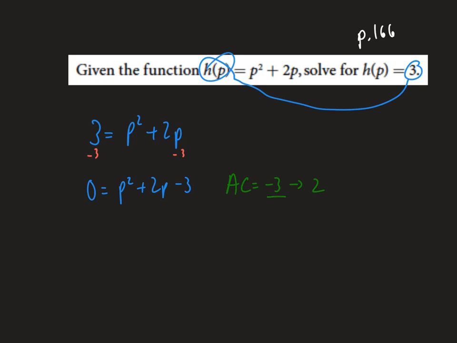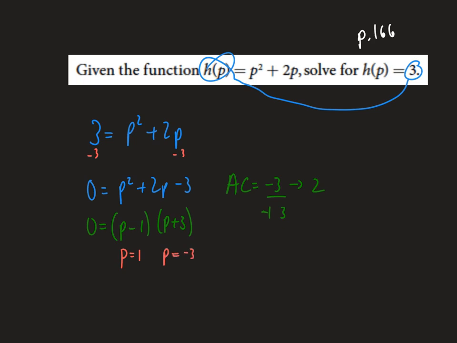Factors of negative 3 that add to 2 would be negative 1 and 3. Because this is easy AC, I can just go straight to my factors. P minus 1 and P plus 3 equal 0. And so what's P equal to? Well, P would have to be equal to positive 1, and P would have to be equal to negative 3.